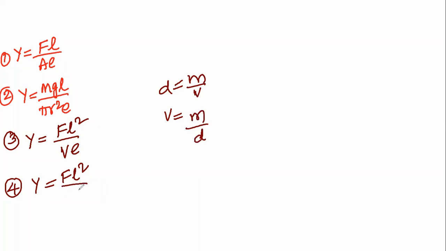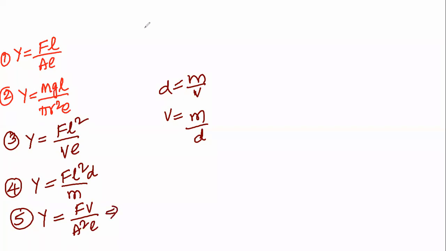So this is FL square divided by M by D, that is FL square D divided by M. Or we may write Y is equal to FV divided by A square into e.